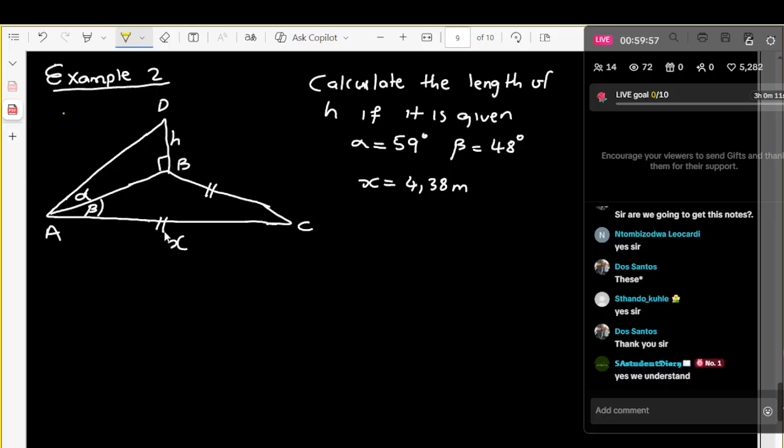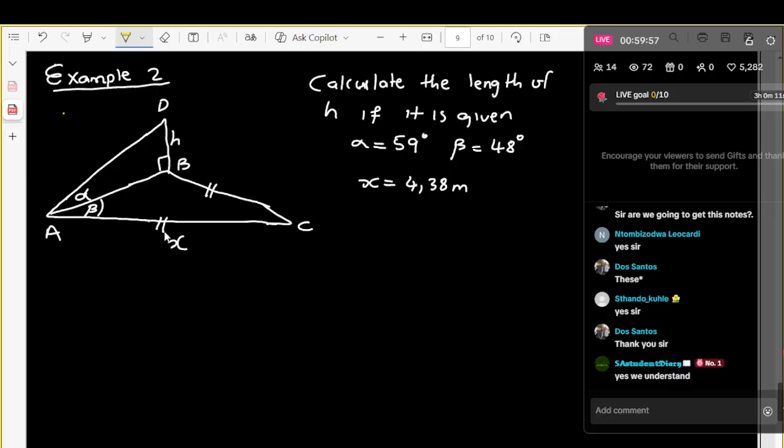So the only way that we can bring them is to find the length of AB, because I know that the length of AB will have beta and also x. We need to bring AB also in the party.